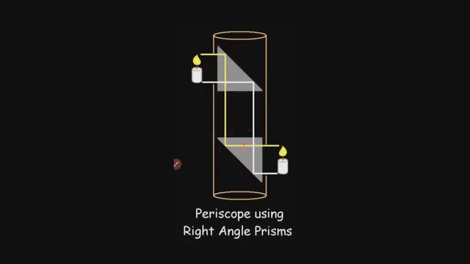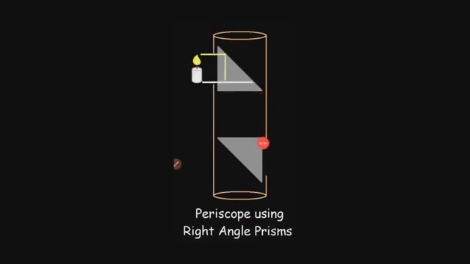Suppose you are here, and you cannot see this object directly. What you have to do is put these prisms parallel.